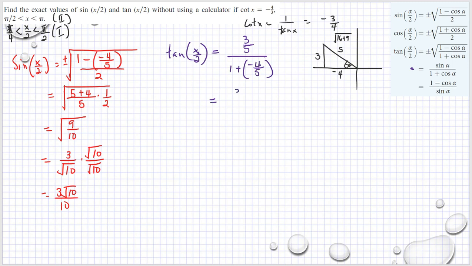So we have 3/5 over 5 minus 4 over 5. This will become 1. Then we have 3. And tangent in the first quadrant is positive, so it's alright with 3.